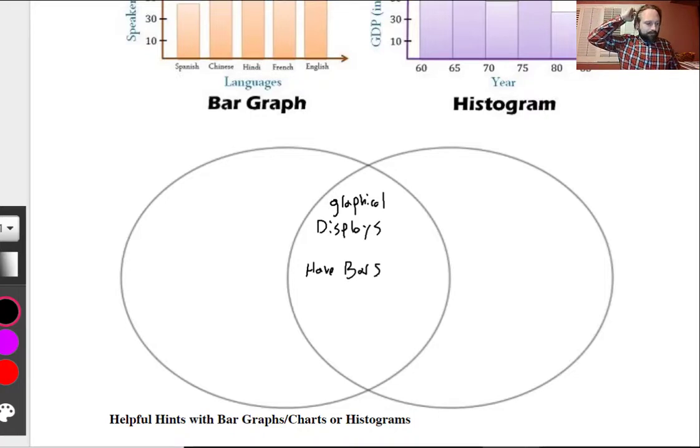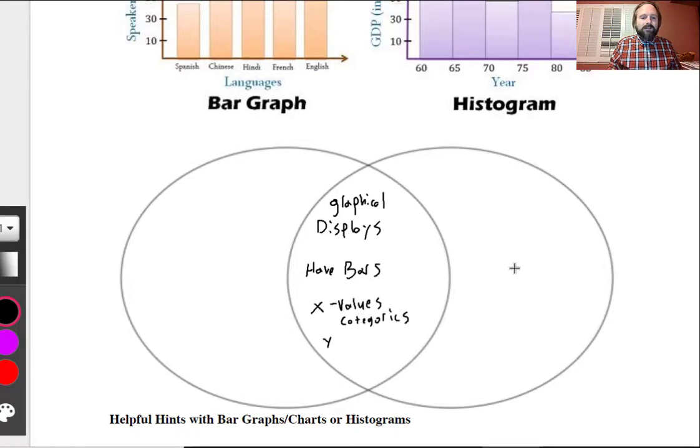How far up? Next, we have the idea that we have the X and Y axis. So we have X and Y values. X values are going to be the specific categories.